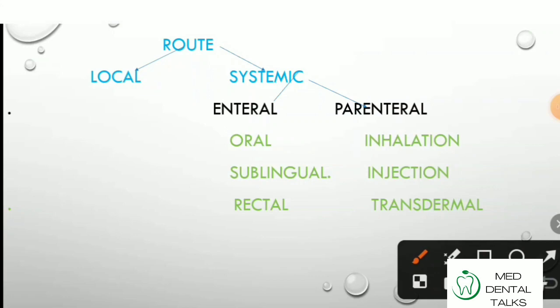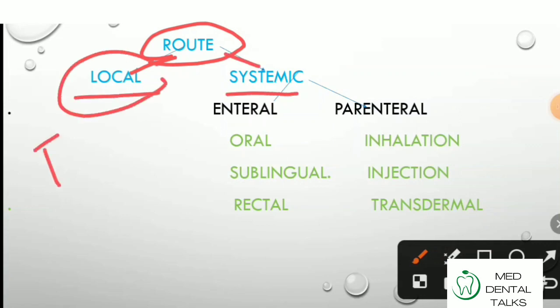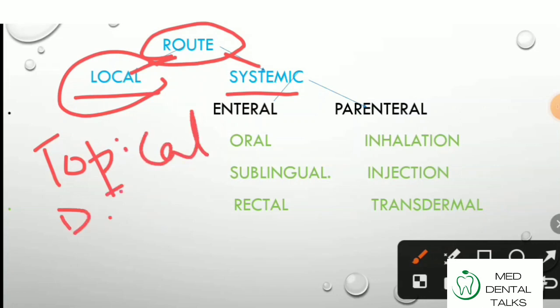Now the classification of route of drug administration. Route of drug administration is local or systemic. In local: topical route, deeper tissue administration, and arterial supply route of drug administration.